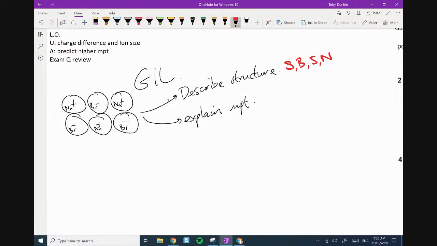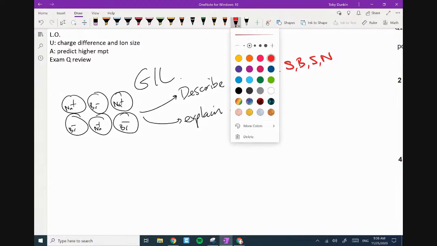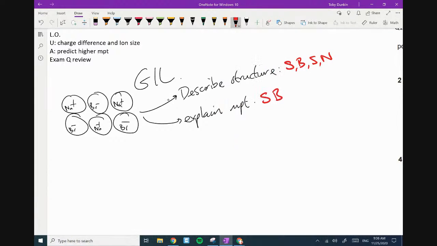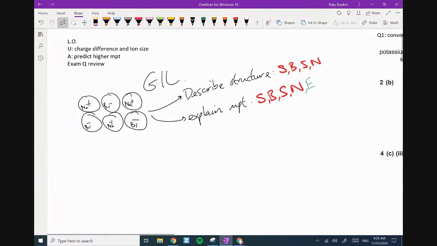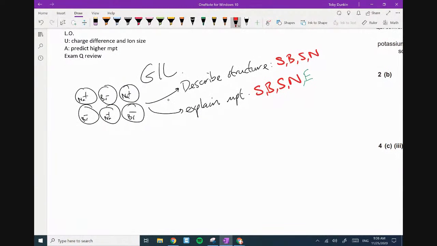And then when we got to melting point, we picked up structure, bonds, strength, number, and then we add on an additional one for energy. So we're running the same process. So it's nice to remind ourselves of these things. The structure of sodium bromide is a giant ionic lattice.